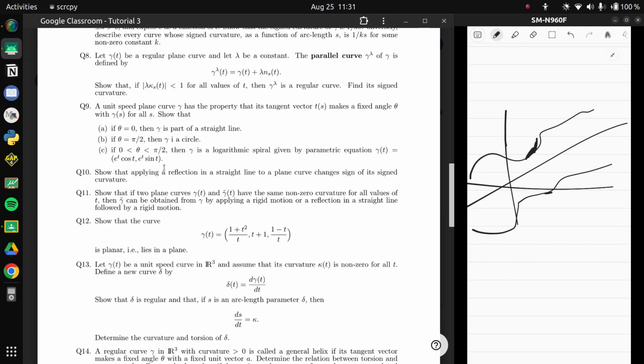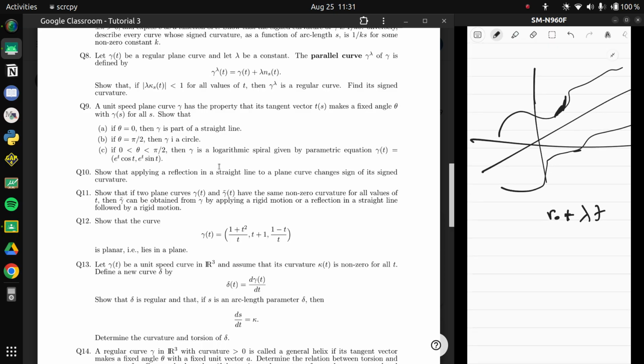So how do you do a reflection around a line? Let's just say your line is parameterized as something like r naught plus lambda times t, and your curve is at any point, we don't really care. So what you do, the reflection will be something like, you get r minus r naught, so lambda times, so let's just say lambda is a unit vector, right?